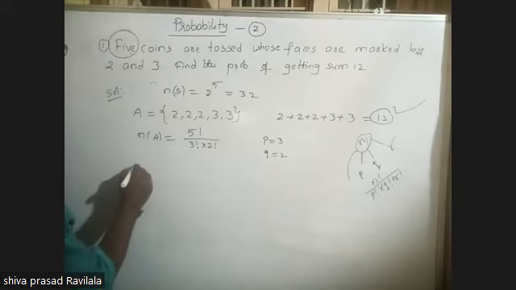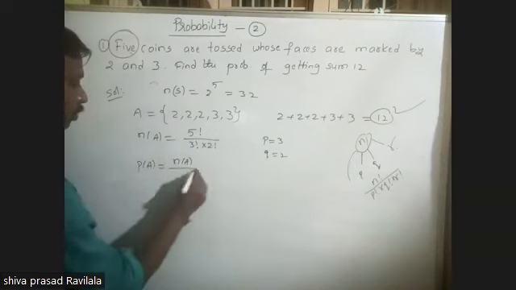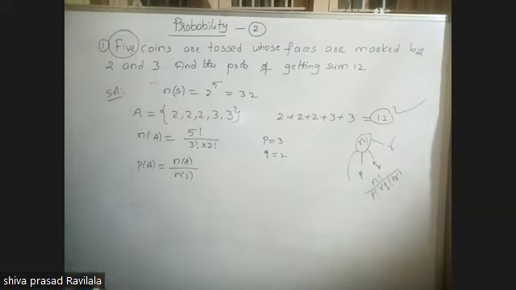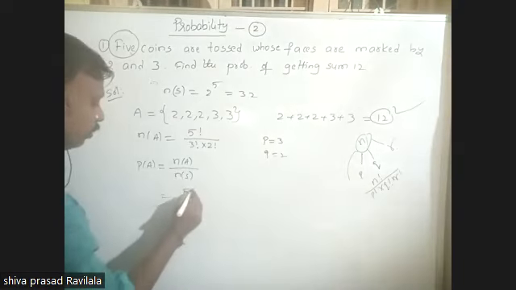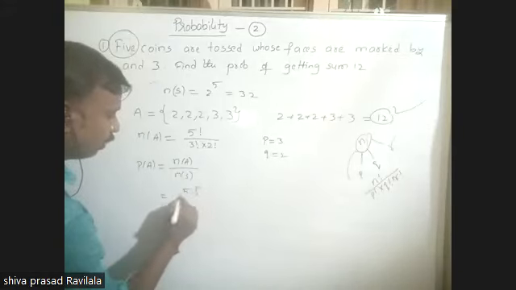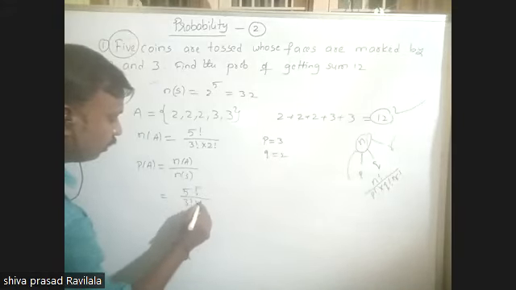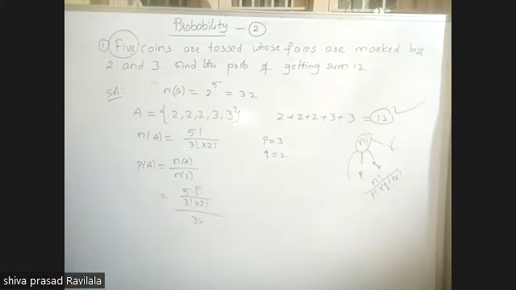Therefore, P of A is equal to our simple formula, same formula, N of A by N of S. To do this calculation, N of A is 5 factorial, that is 5 into 4 into 3 factorial, divided by 3 factorial into 2 factorial, whole by N of S which is 32.